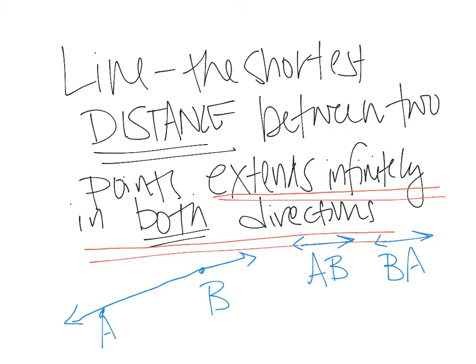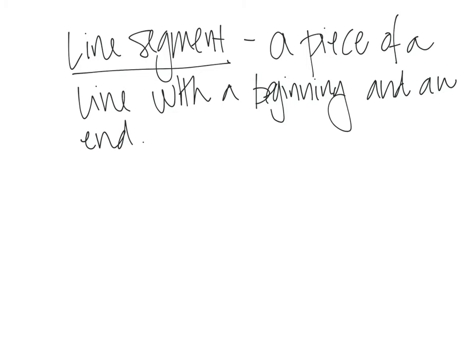Sometimes they have a little lowercase letter, so like L. Maybe this is line L, and then I would call it line L. It is a lowercase cursive letter, so make sure you do keep that as a lowercase cursive letter, and that is a line.